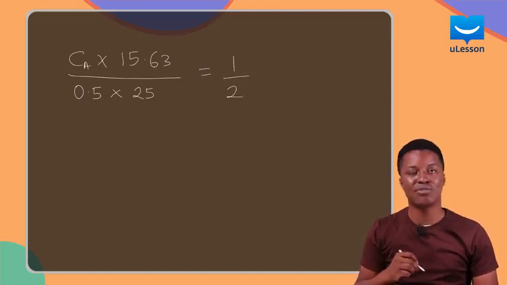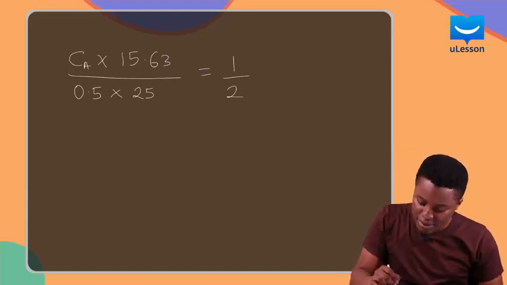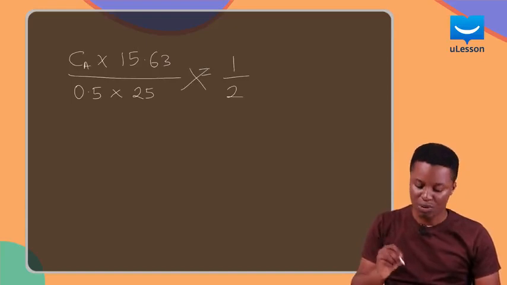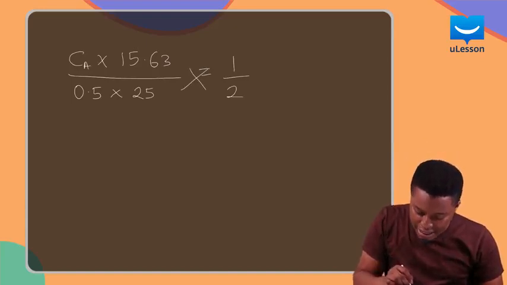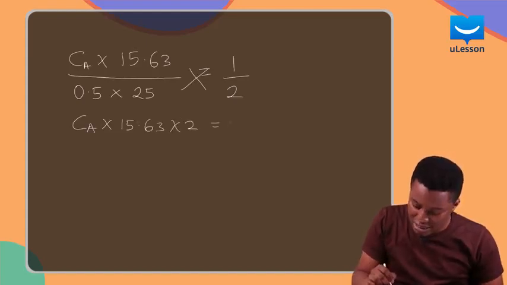Now, the next thing for us to do is to cross multiply so that we can obtain Ca. When we cross multiply, we have Ca times 15.63 times 2 equals 0.5 times 25 times 1.